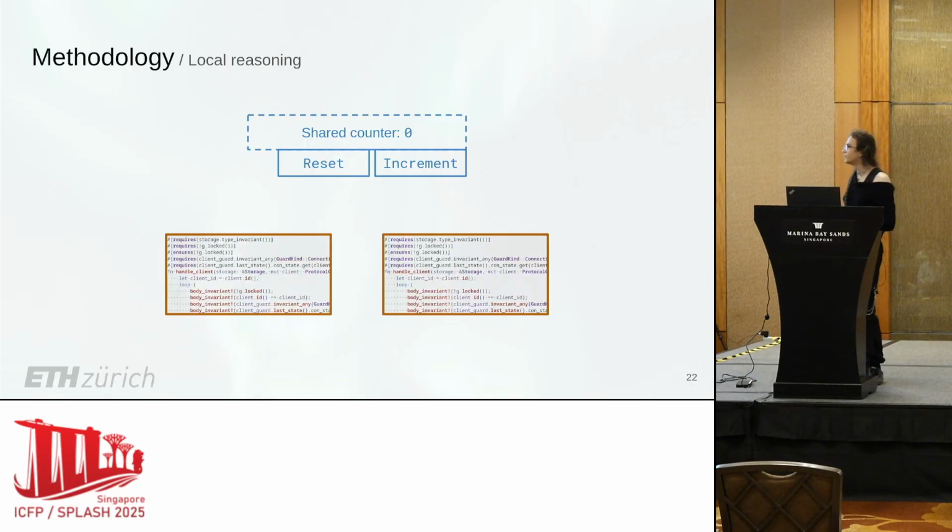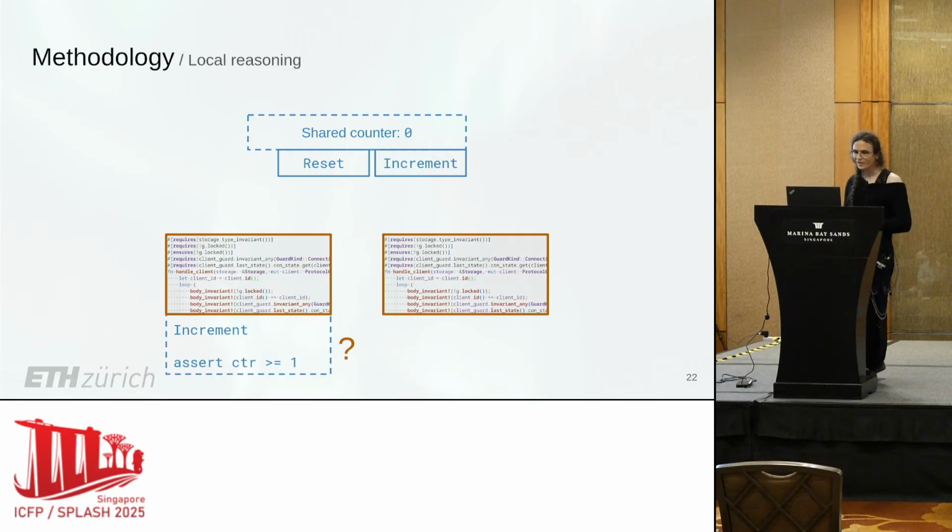And you have multiple nodes operating on this shared counter in parallel. And now the question is, if one node performs an action like increment, can it assert that the counter is greater or equal to 1 immediately after? And the answer is unfortunately no, because immediately after the increment, the other node could have reset the counter back to 0.